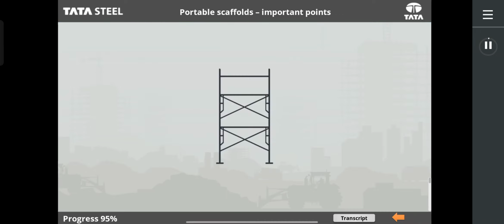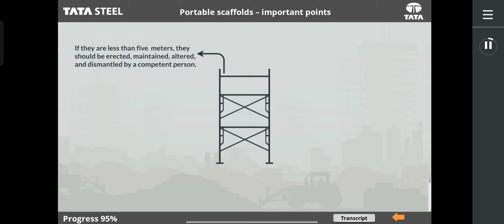Some important points to remember when dealing with mobile scaffolds include: if they are more than 5 meters in height, they should be erected, maintained, altered and dismantled by a certificated scaffolder of the correct class.